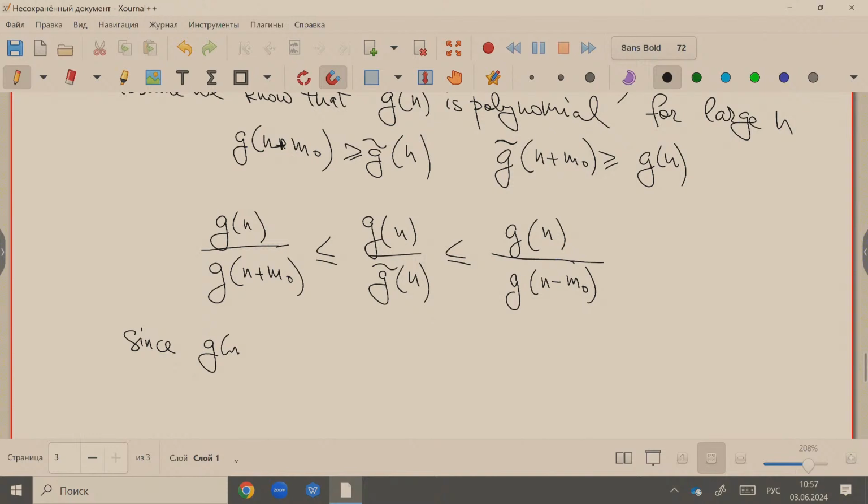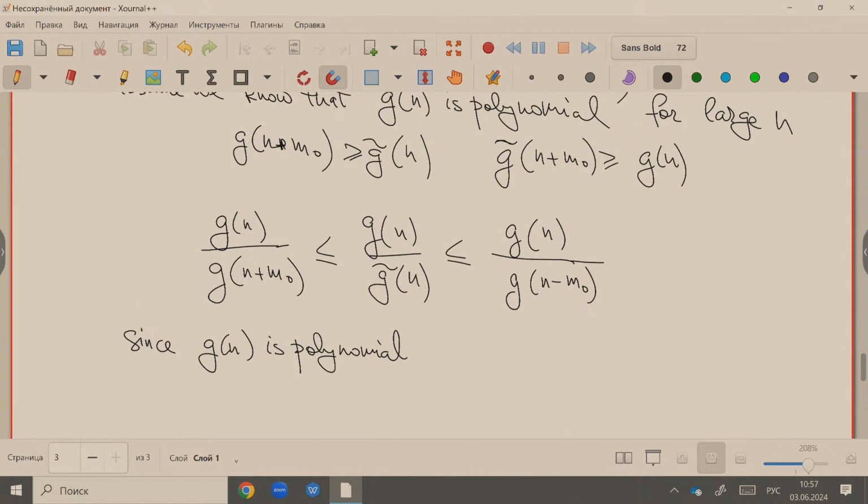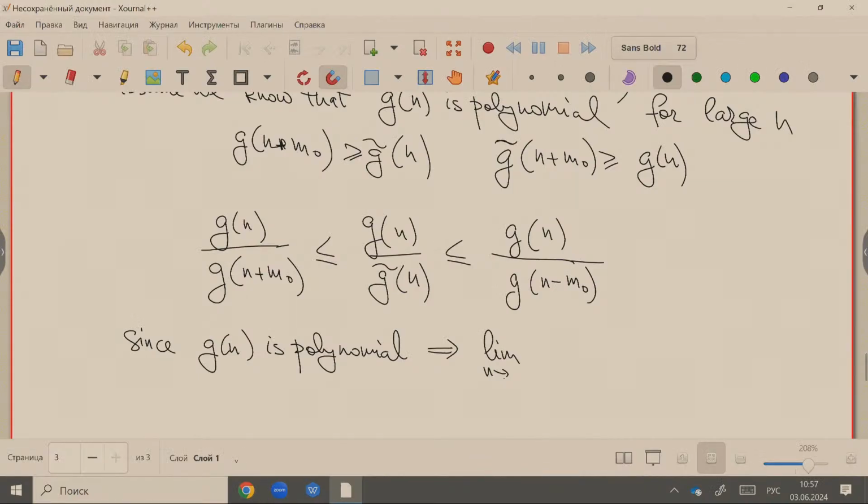If you have an arbitrary function it can be rather different, but since Gn is polynomial, this implies that the limit when n tends to infinity of Gn divided by G(n + n0) is equal to 1.